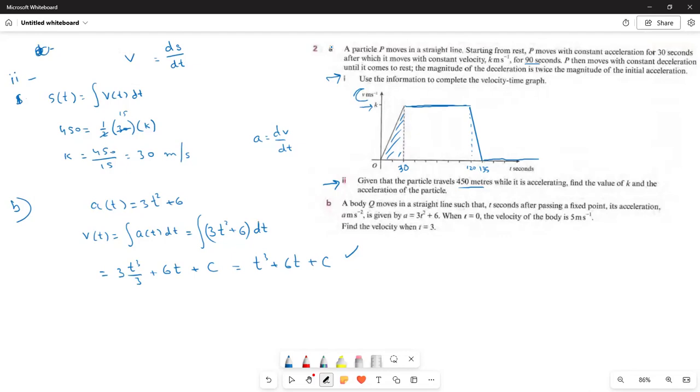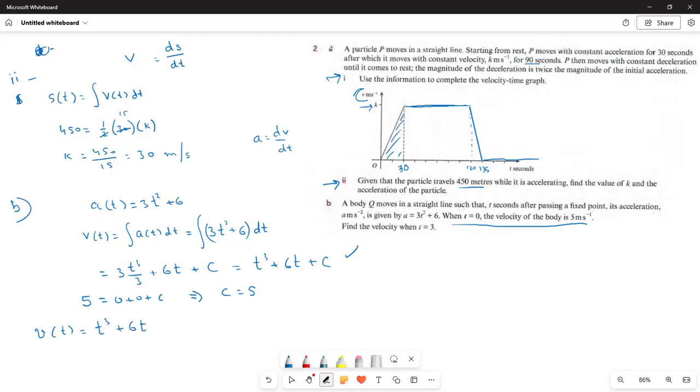We are given that when t is 0, the velocity was 5 meters per second. Using this to find c: 0 plus 0 plus c equals 5, so c is 5. The exact expression for velocity is t cubed plus 6t plus 5.